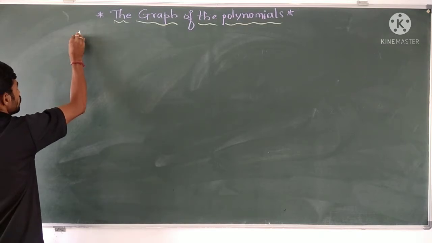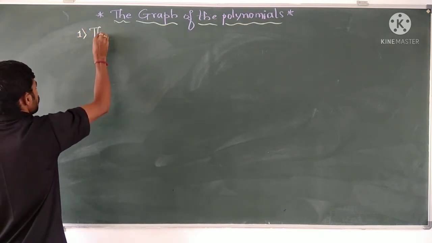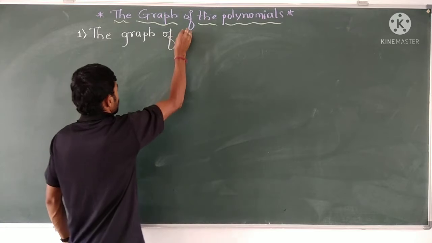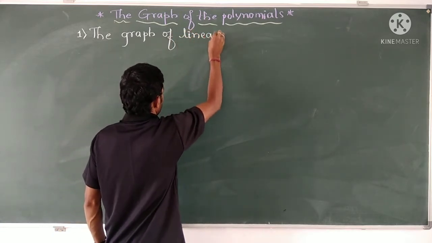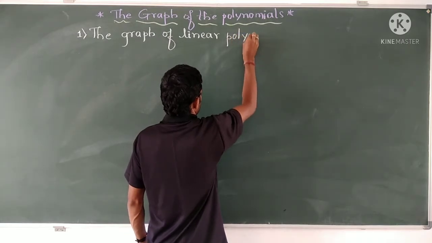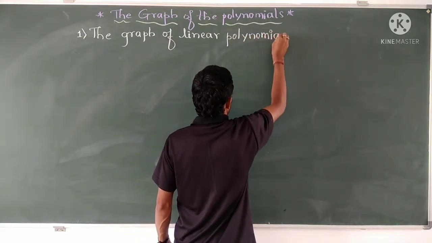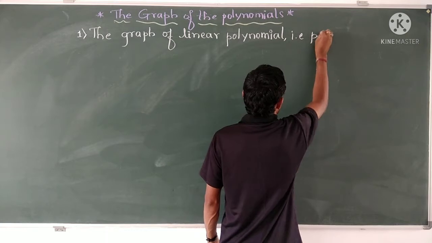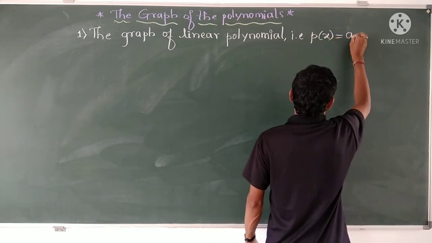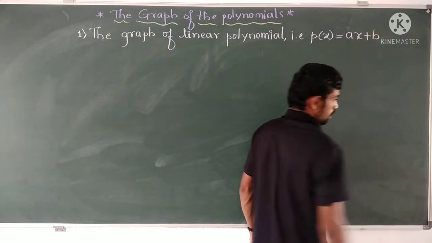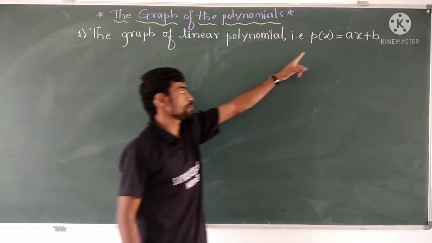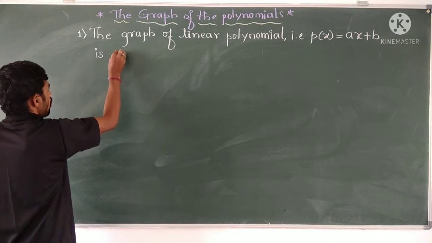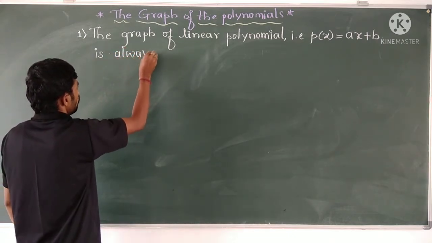First one, the graph of a linear polynomial, that is p of x equals ax plus b. The graph of a linear polynomial, p of x equals ax plus b, is always, what type of graph do we obtain?